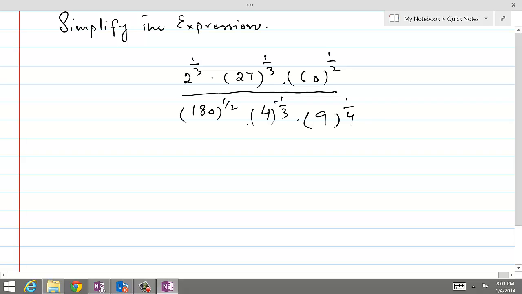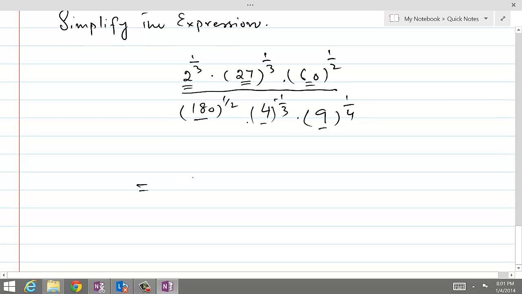We know already that every number has to be converted into prime factorization, and 2 is already prime, so we don't have a problem writing 2 power 1 over 3. 27, as we know, we did it previously.